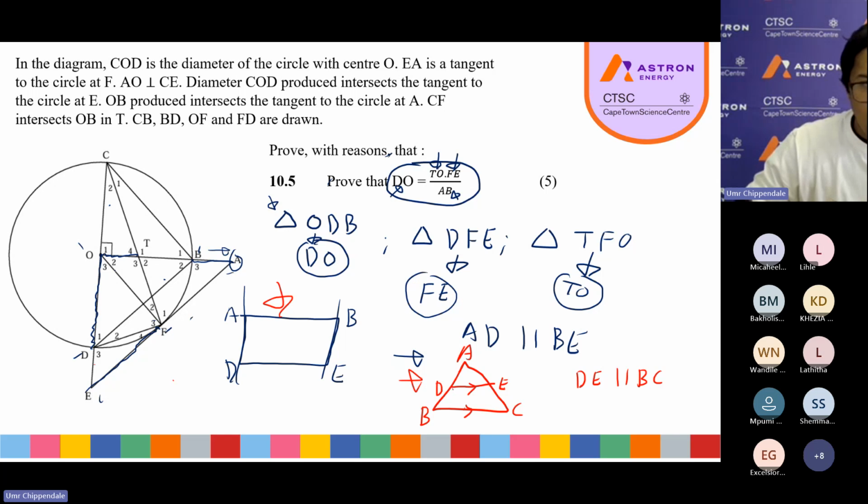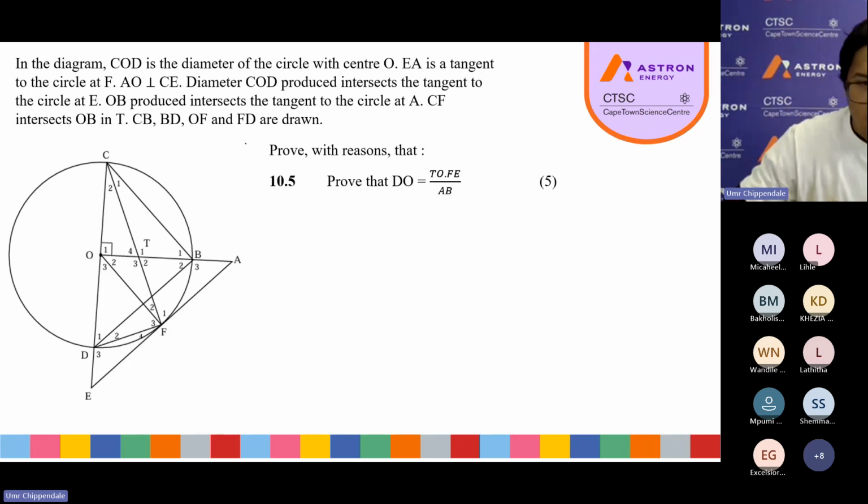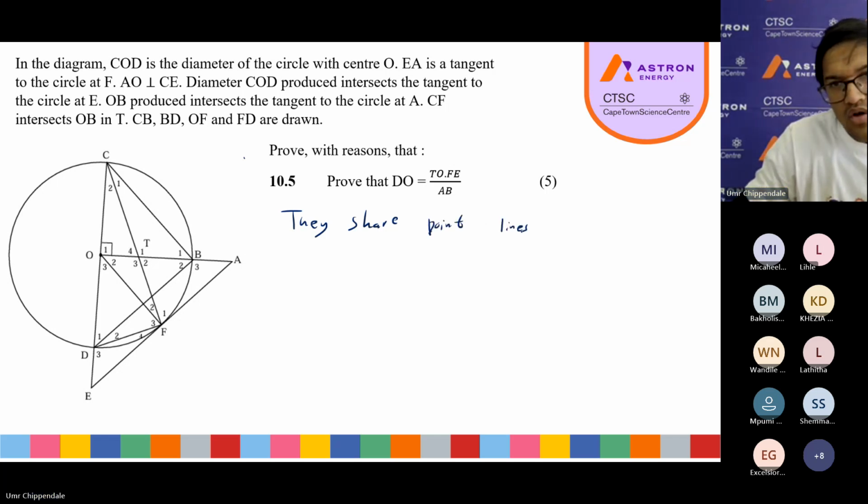Yes, triangle TFO, TF and O eventually links up with A. So all of it does link up with A. They share point A, and that basically means that the lines are proportional.